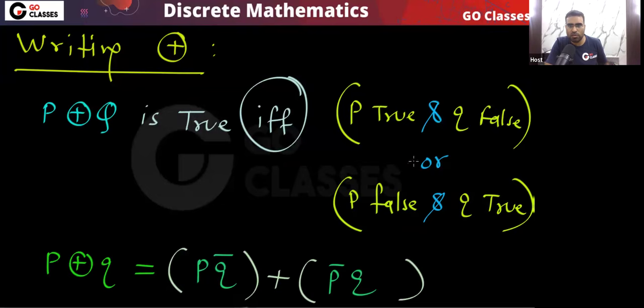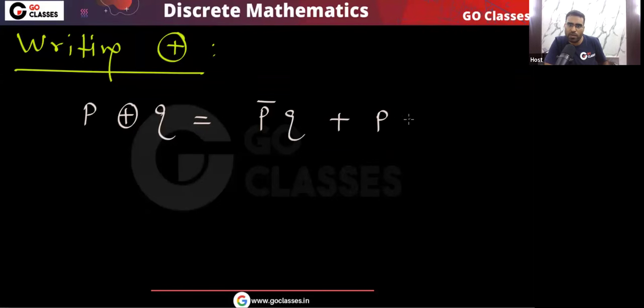Simple, very simple. So this is your OR here. Remember, from now onwards, P XOR Q is the same as P bar Q or P Q bar. Understood? Now you can easily see all the things.